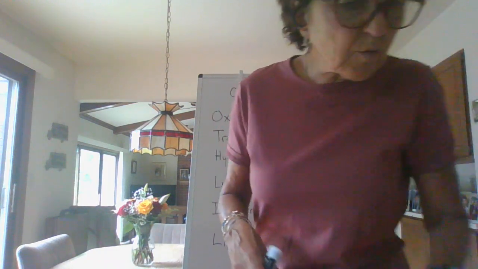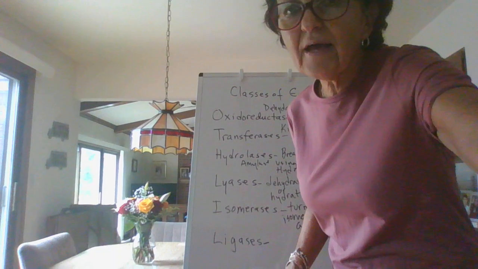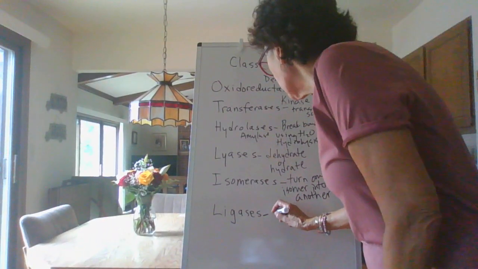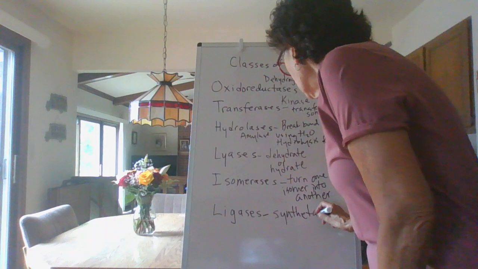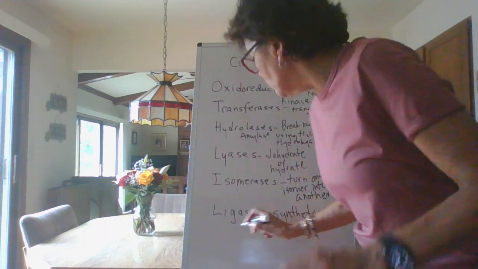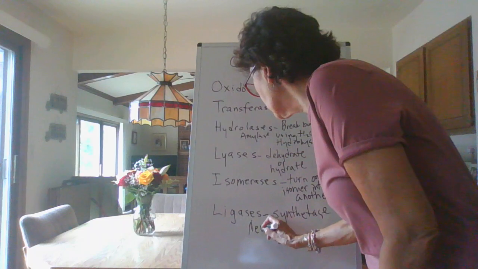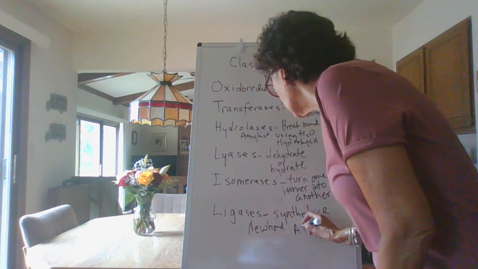All right, the last one is ligase. And the ligases are usually all of the synthetases. The synthetase enzymes means you're synthesizing a new bond. And usually you need ATP to do this.